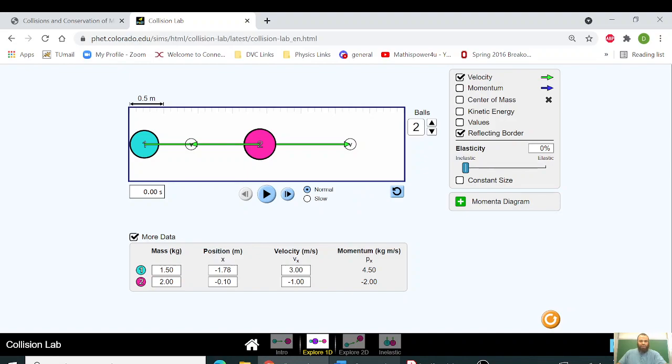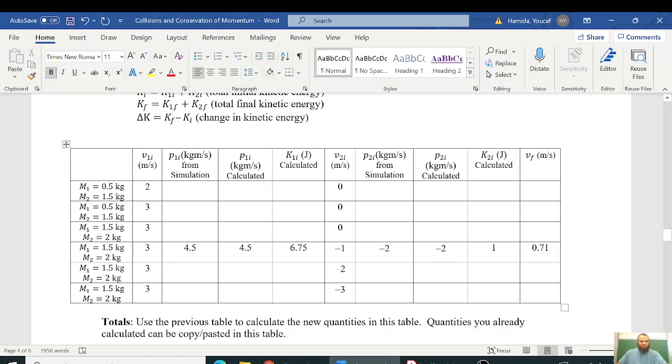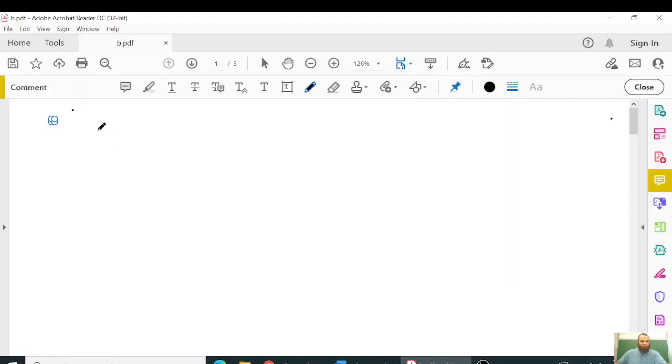Okay, so it says here, use the simulation to write down what the initial momentum is and then you calculate it. As you know, momentum is mass times velocity. So let me share my screen here. The momentum of mass 1, P1 initial, will be M1 V1 initial.